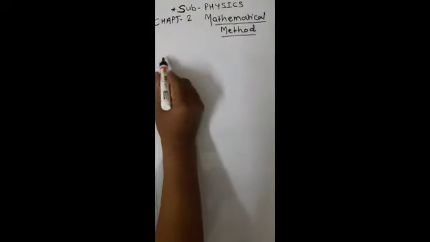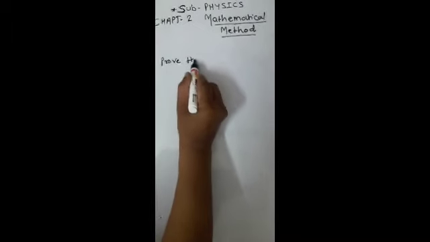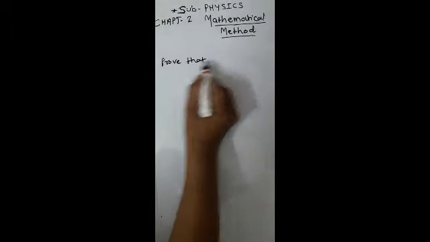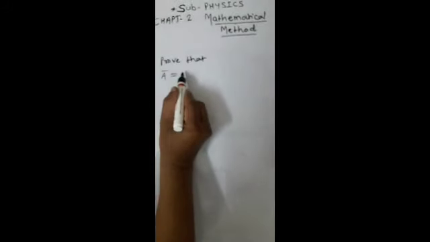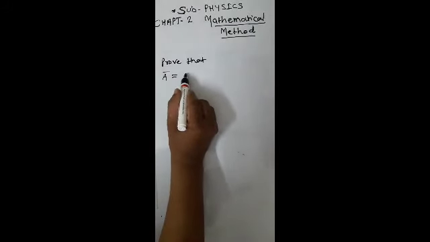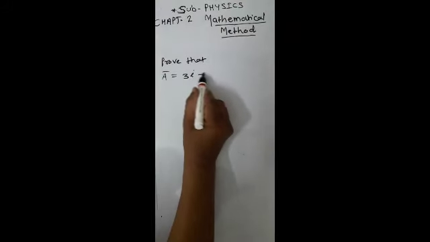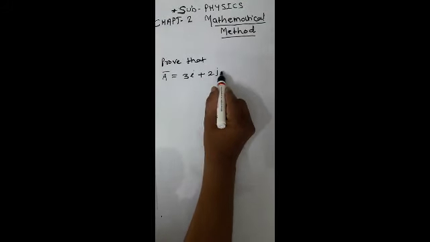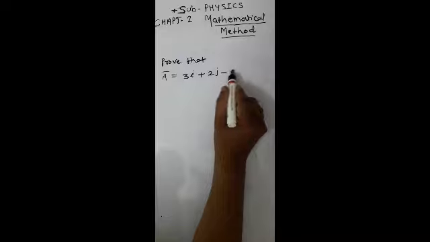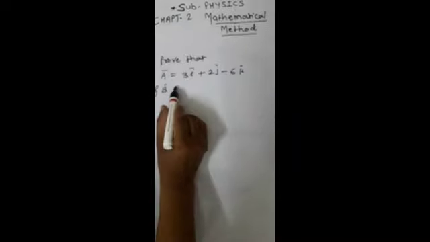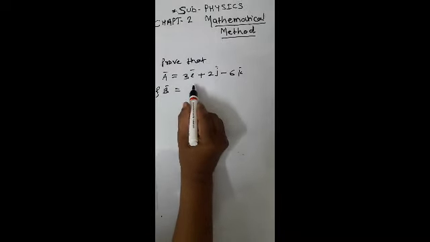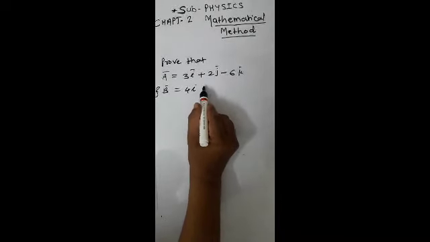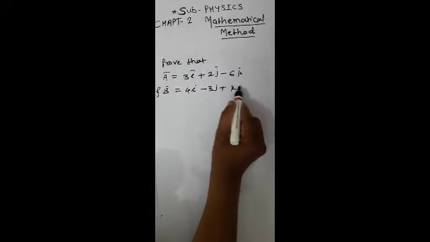Prove that a bar is equal to 3i plus 2j minus 6k, and b bar is equal to 4i minus 3j plus k.